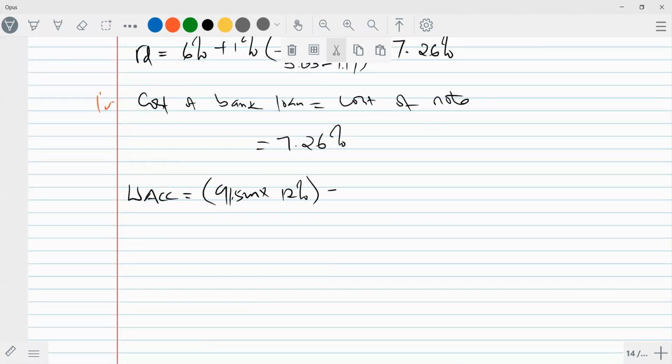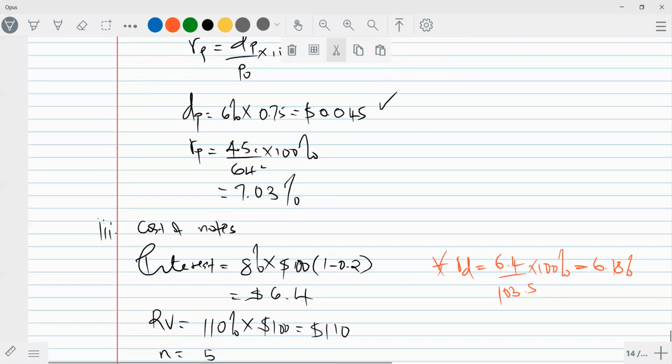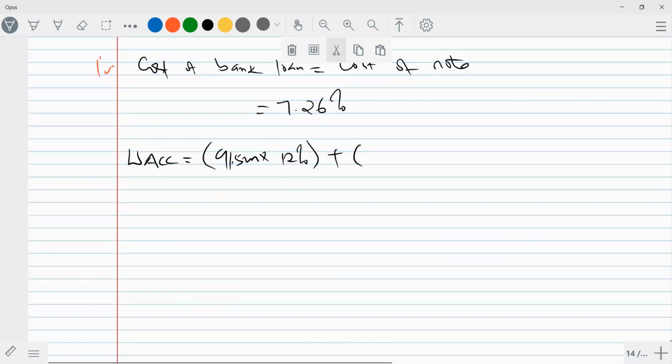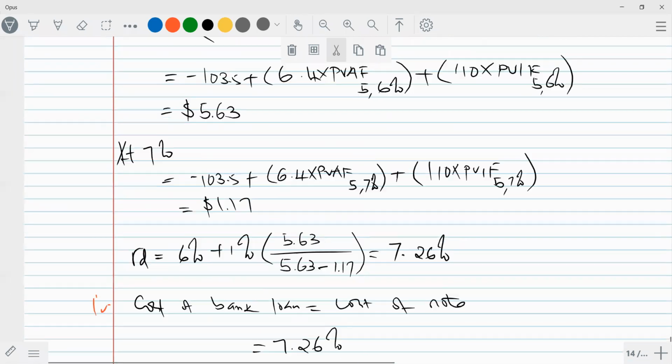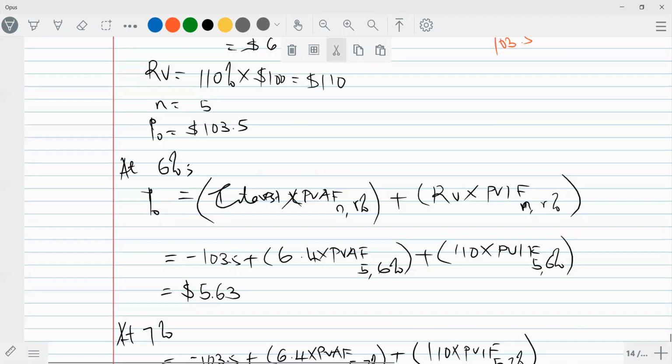The company is also financed by the preference share with a market value of 5.12 million, times the cost of the preference share, which you have done. The cost of preference share we got is 7.03%.